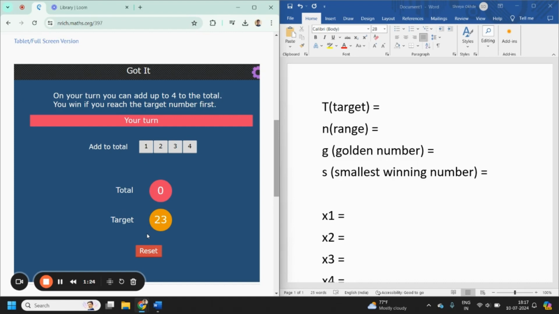So in this case, the golden number is 23 minus 18, where the computer was defeating me, and that number is 5. Now let me fill in some of the variables.